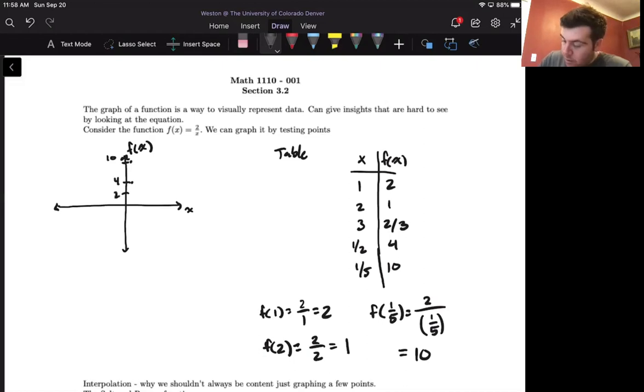Then at 2, we're over at 1. And as we increase, we don't decrease that much. So for positive x values, our graph looks something like this.